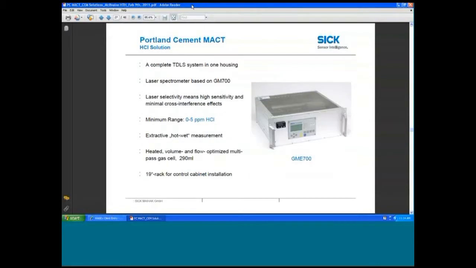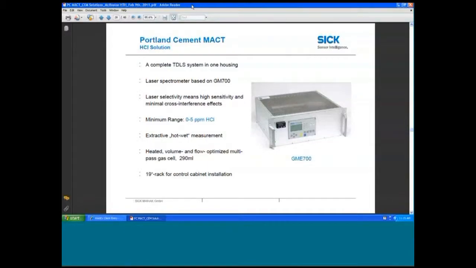Next slide, please. The TDL, again, as I mentioned, is a single component analyzer using a selective laser to measure a gas component of interest, in this case HCl. The advantage, of course, is we get a lot higher sensitivity and minimal cross interference, and you'll notice we also get a much lower range of about 0 to 5 ppm HCl full scale on this device.